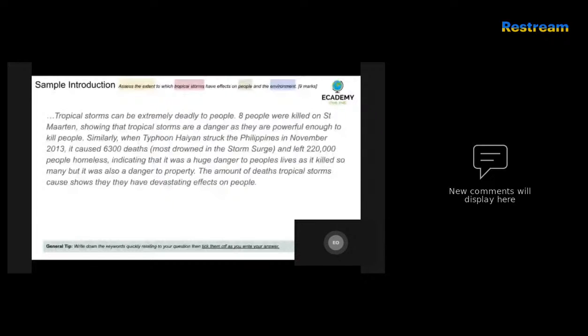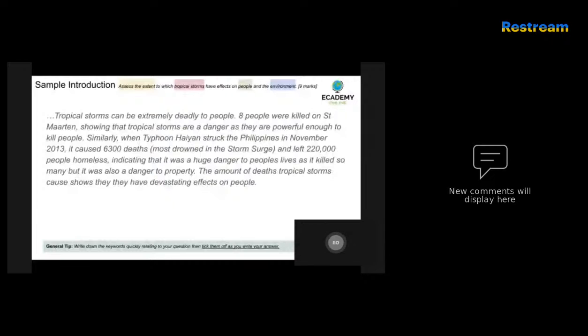Most drowned in the surge and left 220,000 people homeless, indicating that it was a huge danger to people's lives as it killed so many, but it was also a danger to property. The amount of deaths tropical storms cause shows they can have a devastating effect on people themselves.